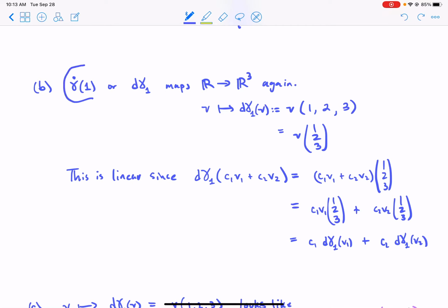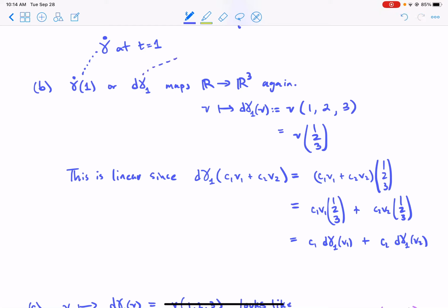So gamma dot at the point 1, we read this like gamma dot at 1, or, since we called our input space t, at t equals 1. Or we could also write it like this, which will generalize much more nicely. It says that we have the derivative of gamma at the point 1.